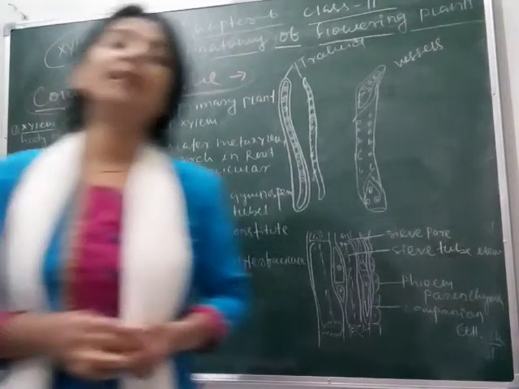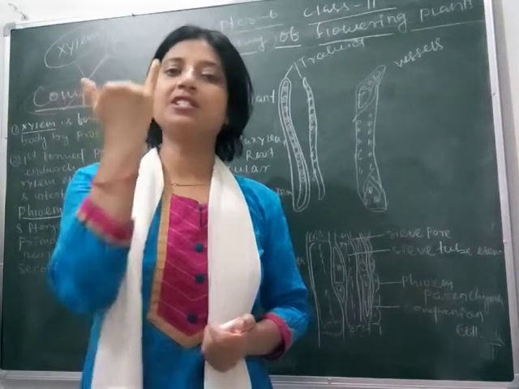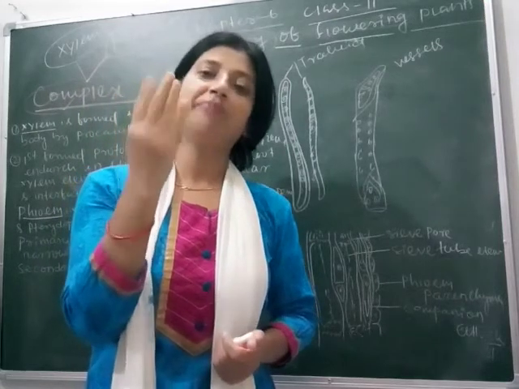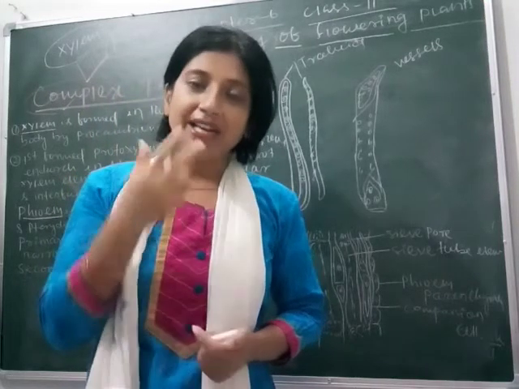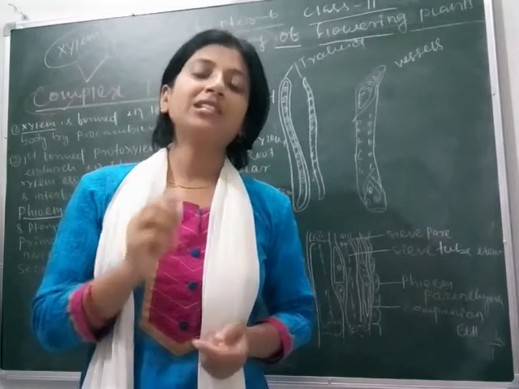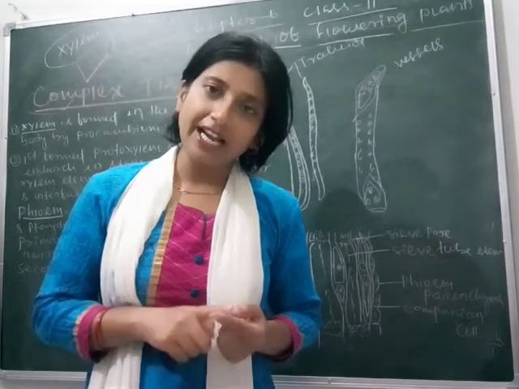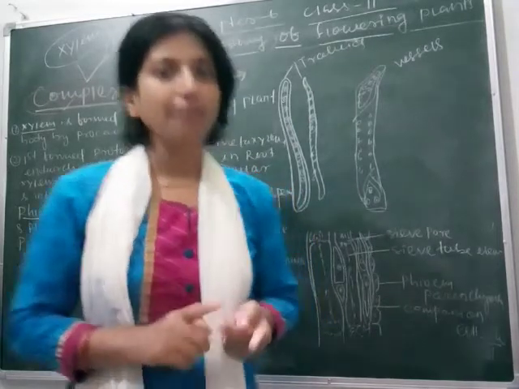Xylem has the 4 elements, that is tracheids, vessels, xylem parenchyma and xylem fiber. Clear? I am telling you again, complex permanent tissue is of two types: one is xylem and another is phloem.